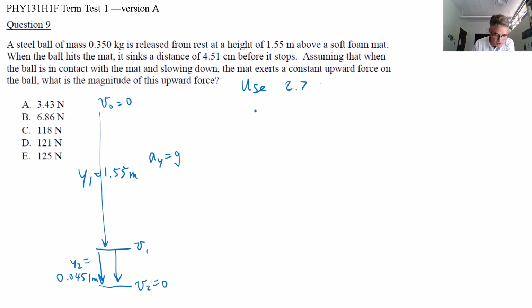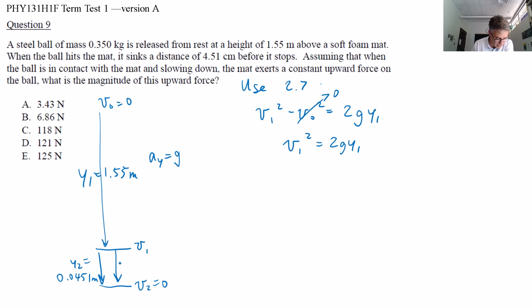So V1 squared minus V0 squared is equal to 2 times g times y1. And since V0 is 0, we can say right there that V1 squared is equal to 2 times g times y1.